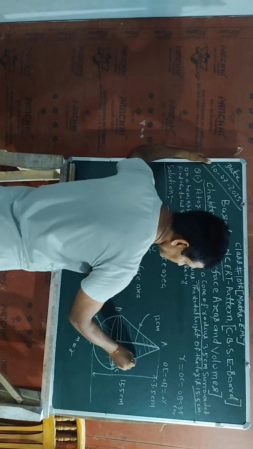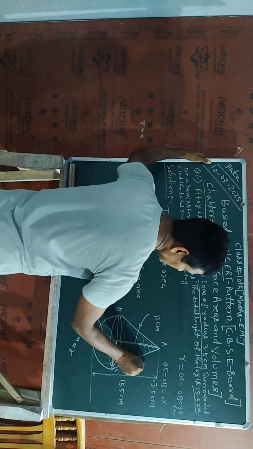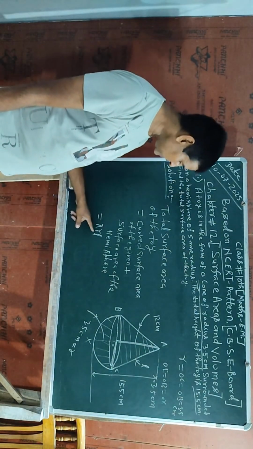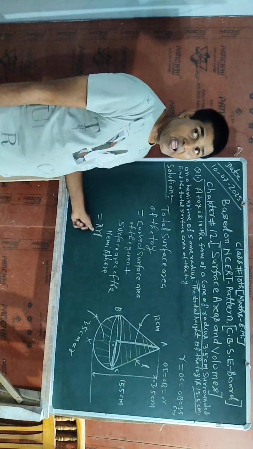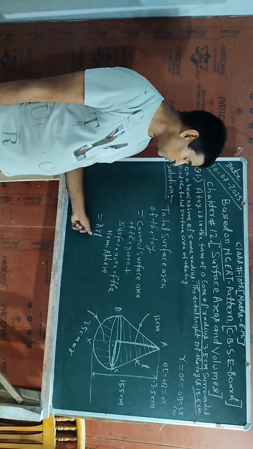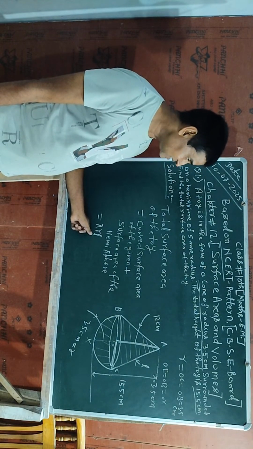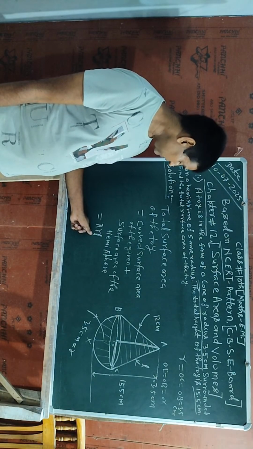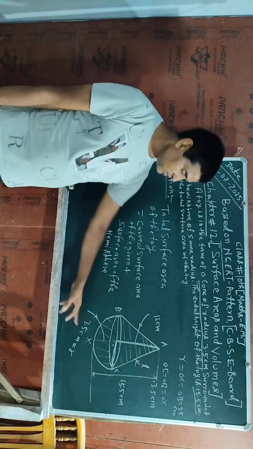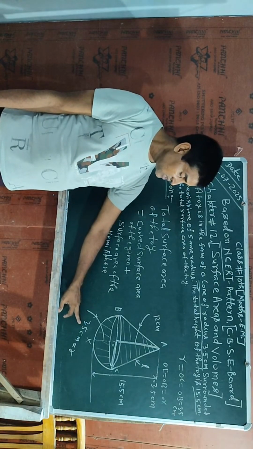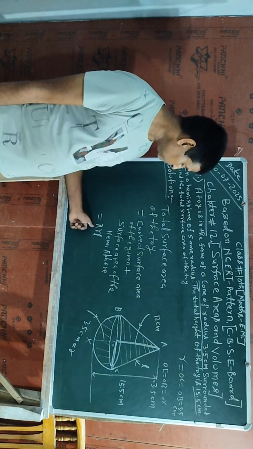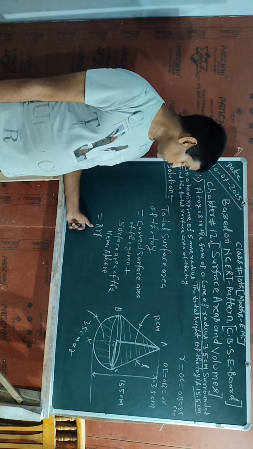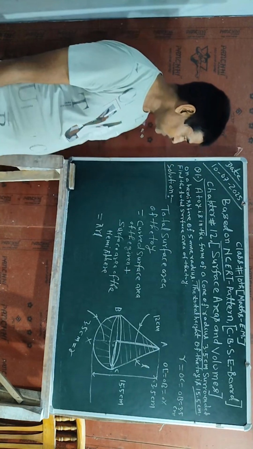So we will get this length, which is the slant height, because in the formula we have to substitute the value of r and also the value of L. So we use the right angle triangle AOC, and then I will find the value of L, and the value of r is also given in the figure, that is 3.5 centimeters. But the value of pi we have taken as 22 divided by 7.